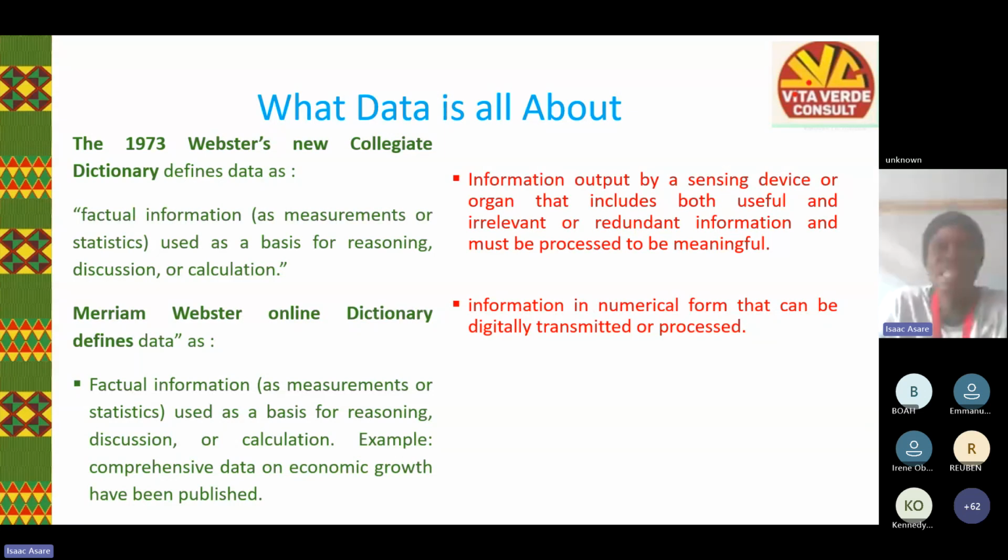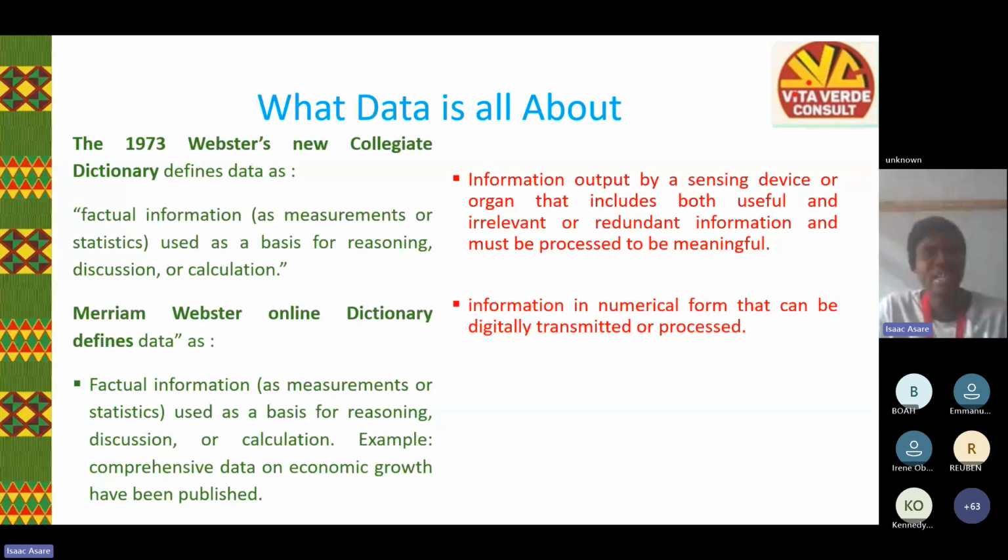Or you want to take some kind of decision on certain things, you just go over there and gather your information. So when you look at the definition that has been given, it's all about you getting this information for discussion, for calculation purposes, and so on. So let's take note of that.